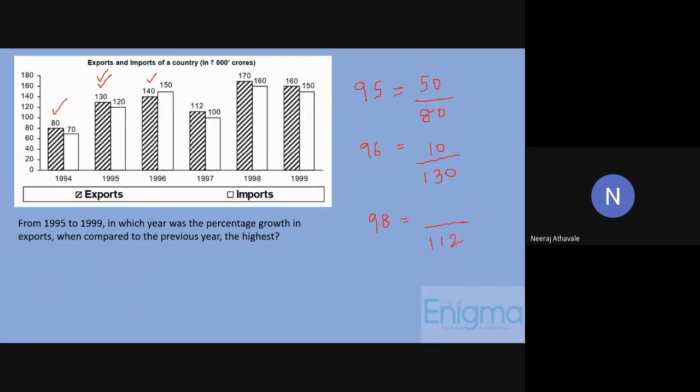Denominator will be 112 and numerator will be 58. Okay, have you understood, everyone? Yes, sir. Okay, some of you have made mistakes. So now just compare between these three values and tell me which value is greater.